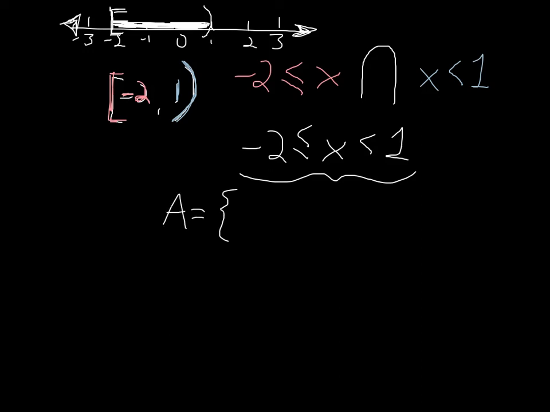A equals x such that -2 is less than or equal to x is less than 1. And there we have it. Set notation, compound inequality, intersection union, interval notation, and number line.